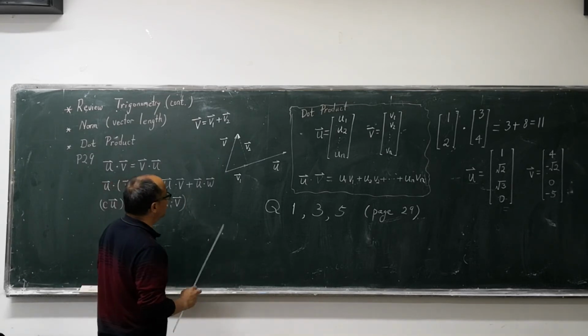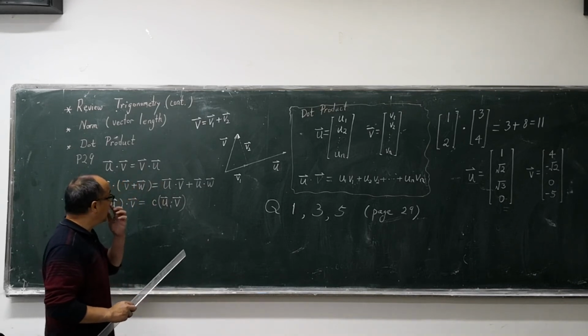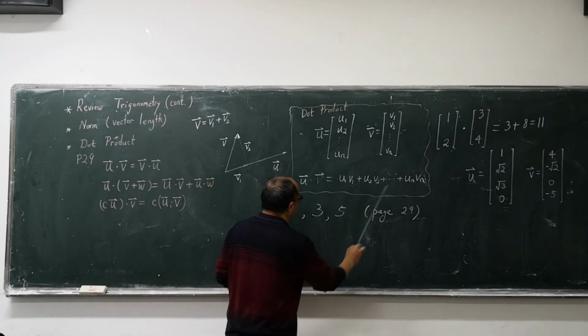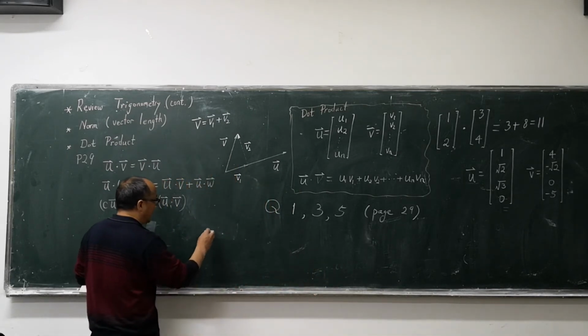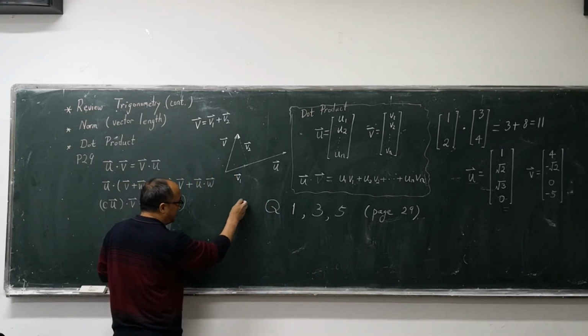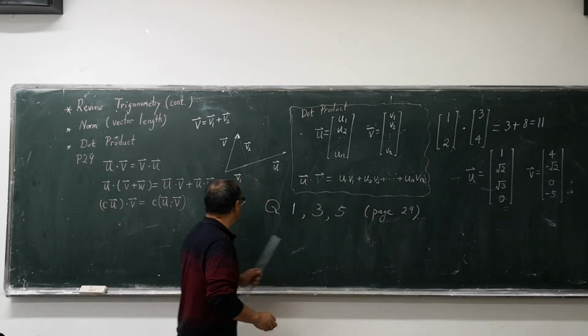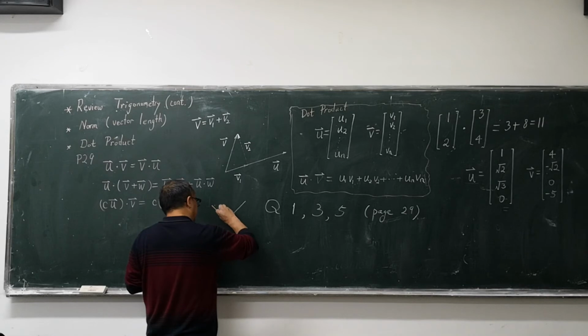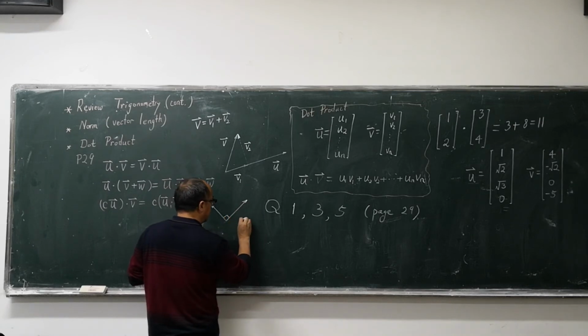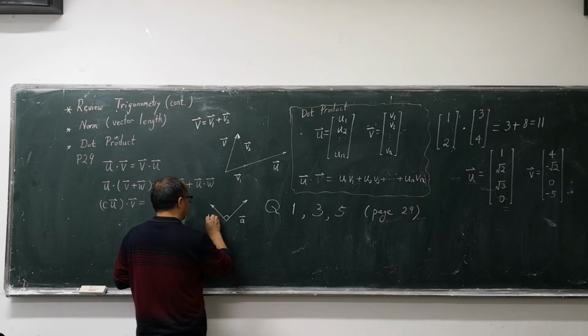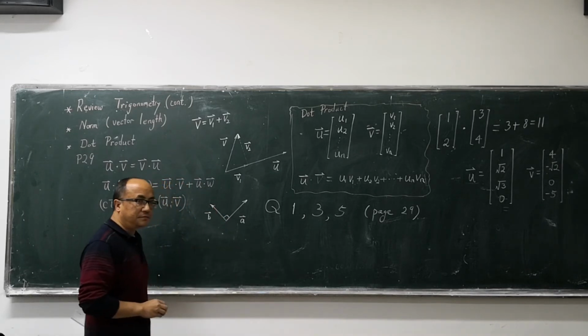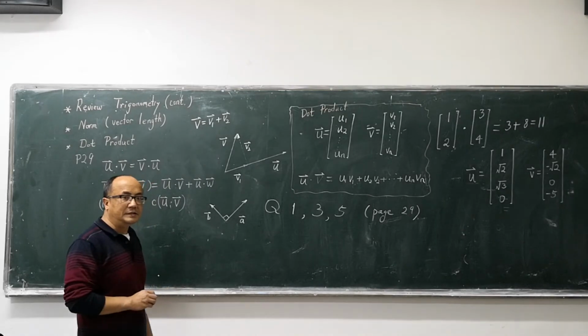And one thing I need to tell you, when the two vectors are vertical to each other, this is not obvious. It is hiding behind. You cannot tell. If the two vectors are vertical, the dot product is 0.